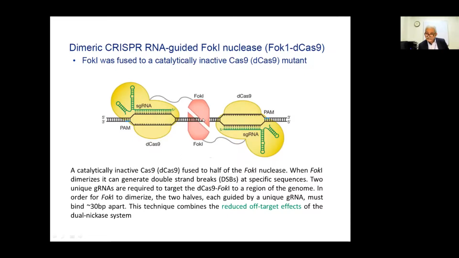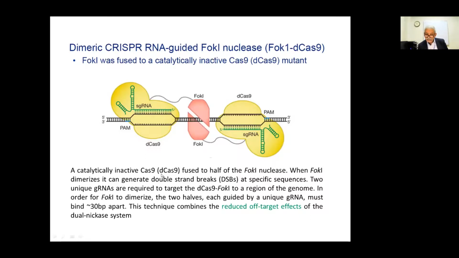So what is the case here? A catalytically inactive Cas9, that is known as dCas9, is fused to half of the fork1 nuclease, means one of the monomers of fork1 nuclease. Okay?